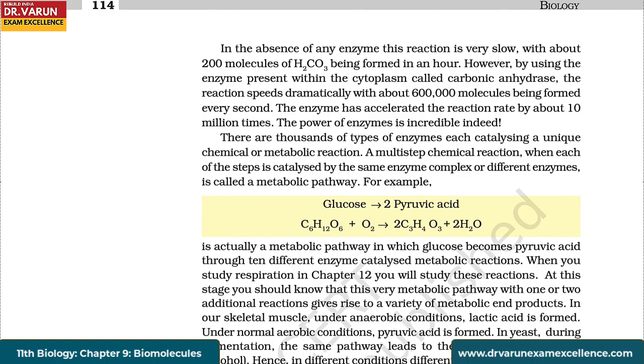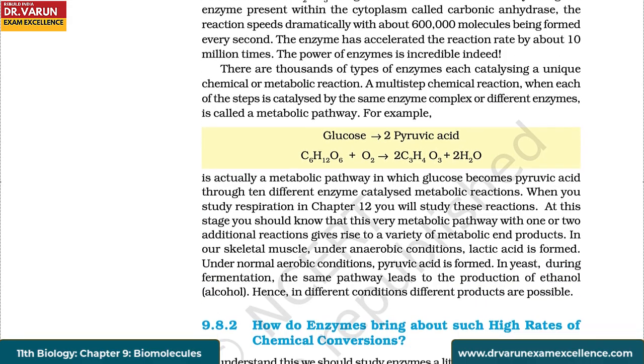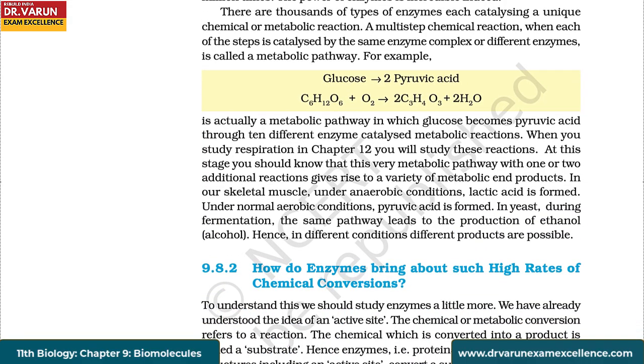A multi-step chemical reaction, when each of the steps is catalyzed by the same enzyme complex or different enzymes, is called a metabolic pathway. For example, glucose becoming 2-pyruvic acid is actually a metabolic pathway in which glucose becomes pyruvic acid through 10 different enzyme catalyzed metabolic reactions. When you study respiration in chapter 12, you will study these reactions.